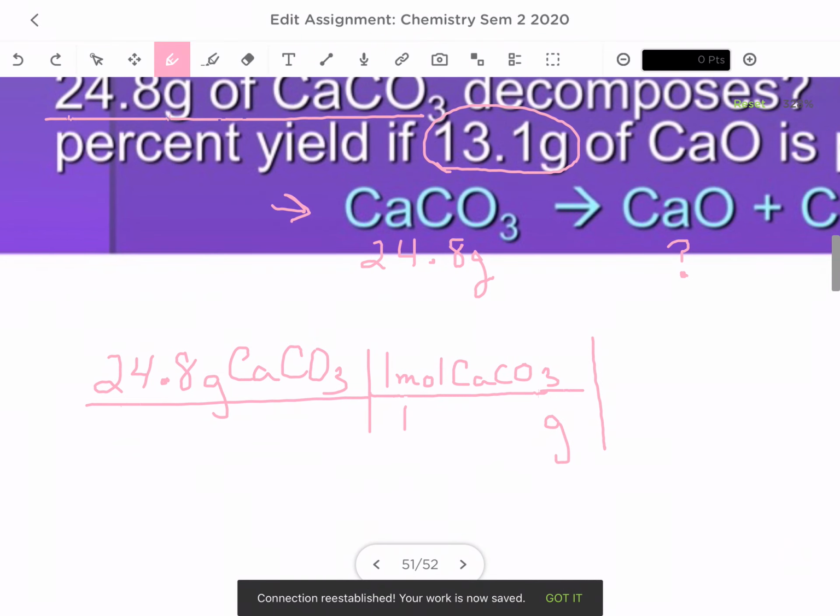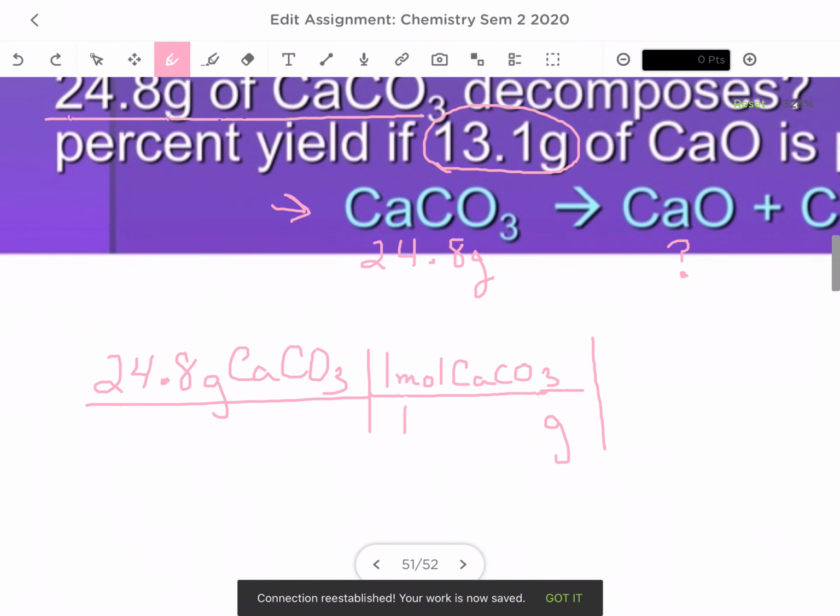So it's about 100 grams of CaCO3. Grams cancels out. Now I'm in moles, so I can do my mole ratio.